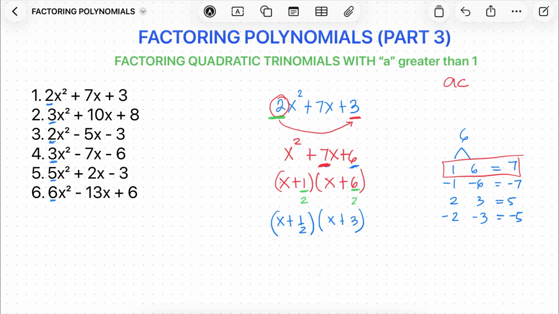And then this is your answer, but you may also rewrite your answer in this form. So we can also multiply this, so that will be 2x, and then copy the 1. And on the other side, that will be x plus 3. So the factors of 2x squared plus 7x plus 3 is 2x plus 1 times x plus 3.